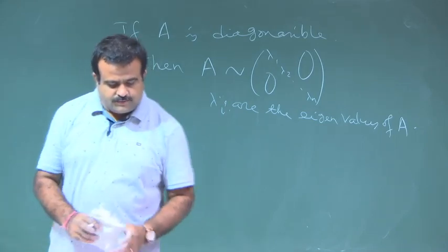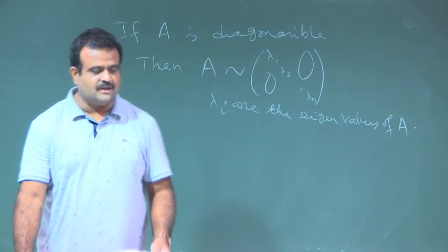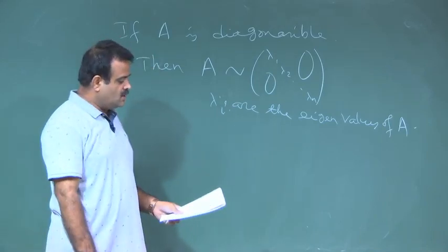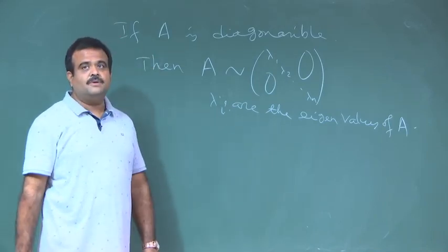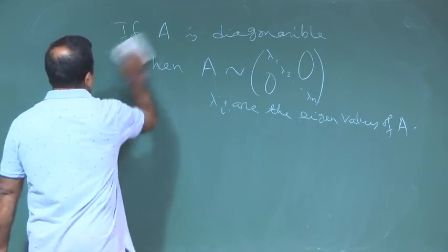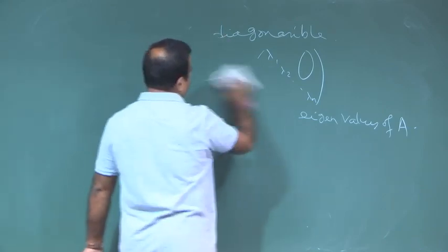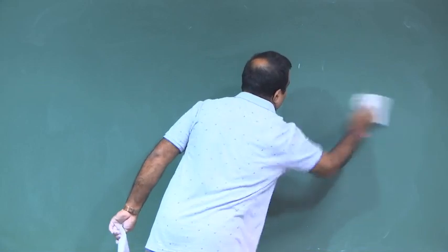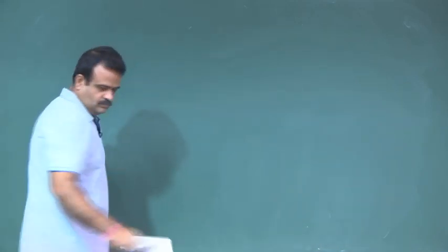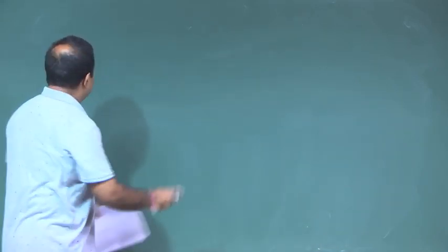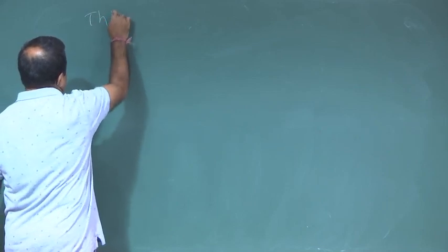Now we will have some properties, necessary and sufficient conditions for a matrix to be diagonalizable.